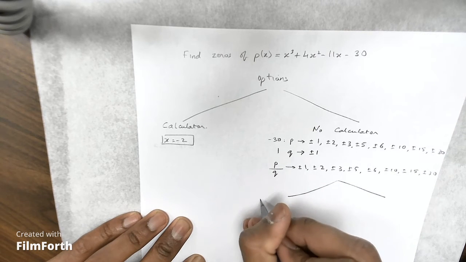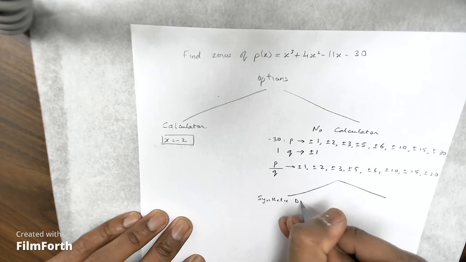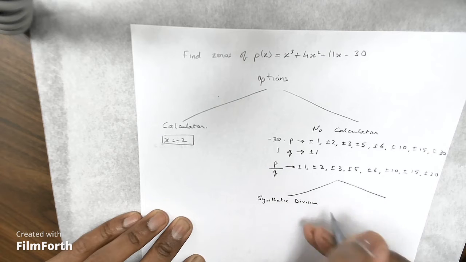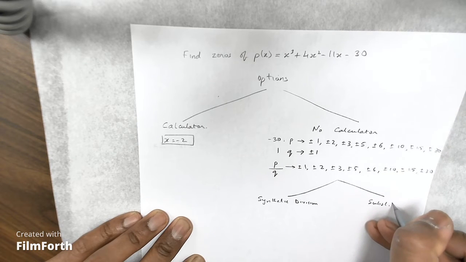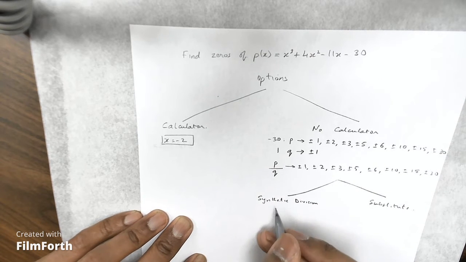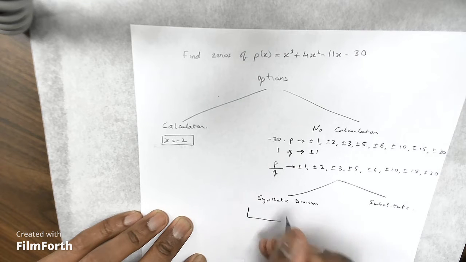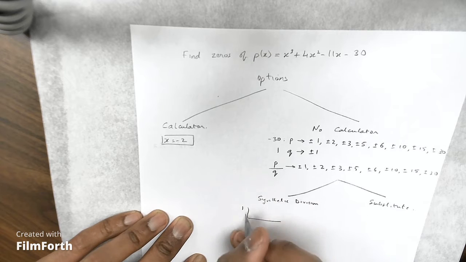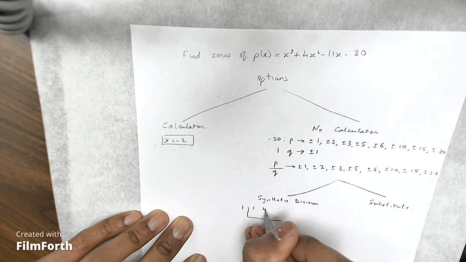One is synthetic division. With synthetic division, you want to know which of these is a factor, so you take each of these contestants and put them out there. You'll put 1 here, and you will do synthetic division.